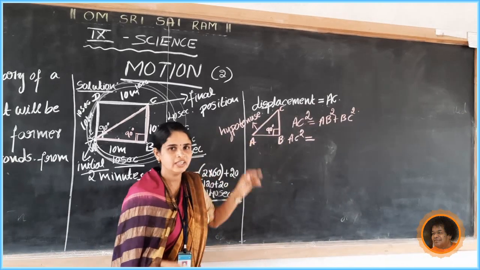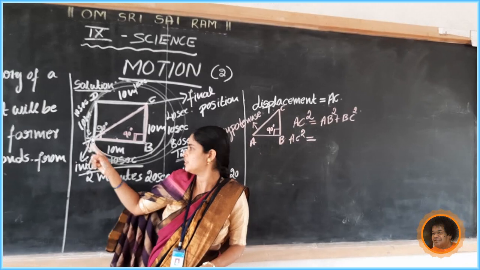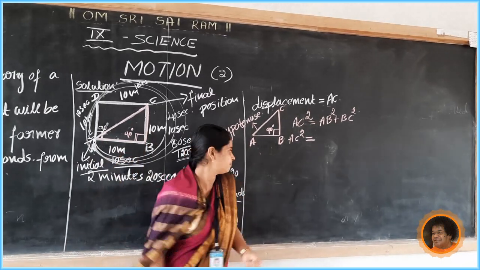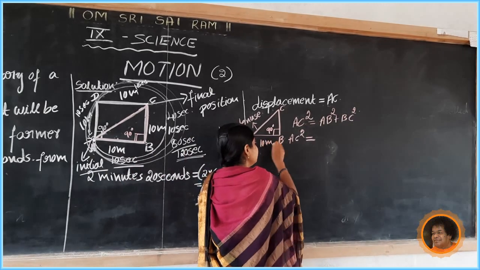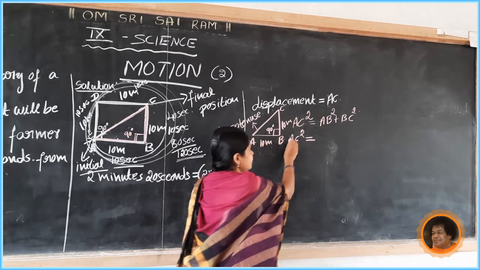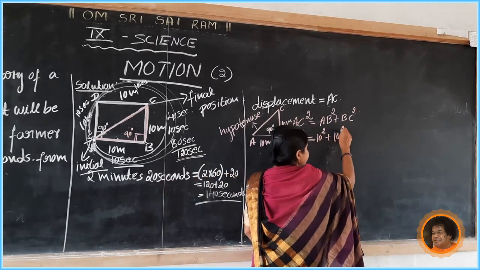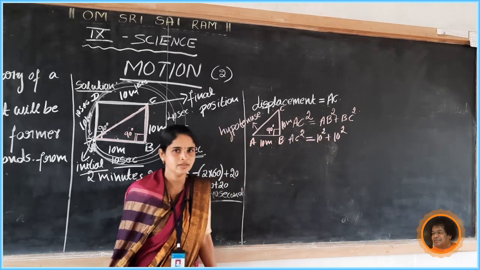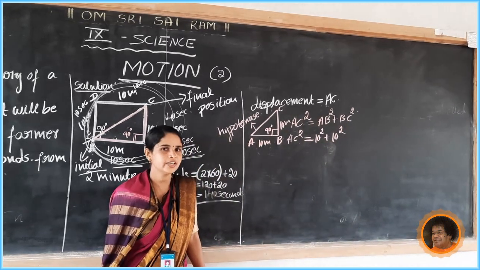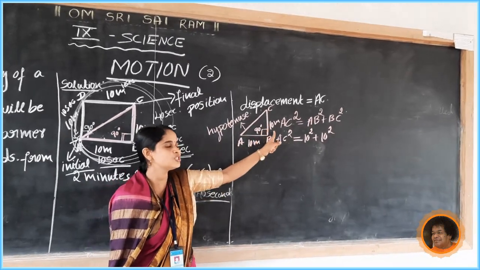AB is the side of this square, with value 10 meter. AB and BC have the same value, 10 meter. So AC square equals 10 square plus 10 square. Is it correct? Because here AB equals 10, BC equals 10.